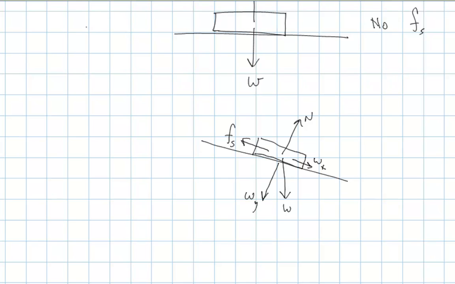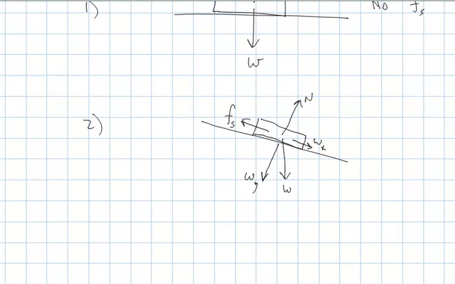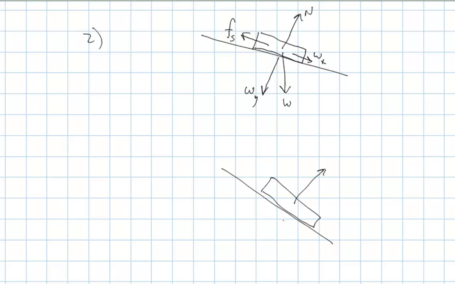I went from case 1 with no friction, case 2 with a small amount of friction, and if I increase my angle a little bit from the table, and my book is still at rest, it's not sliding on the table, I've increased the weight of gravity in the downward direction along the incline of the table, that's W sub x.